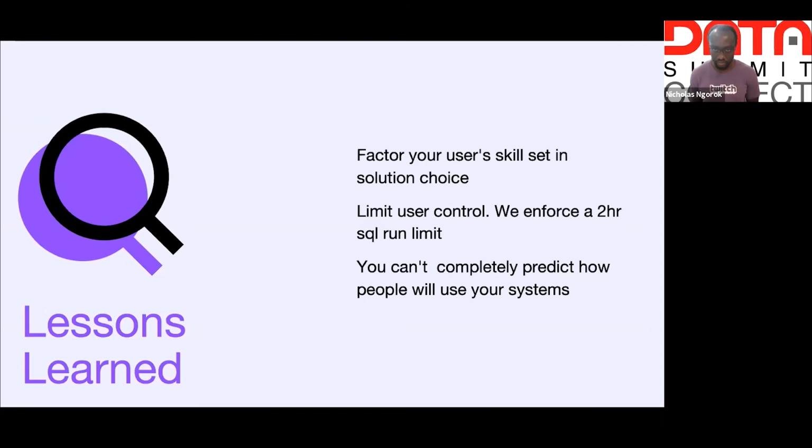Something we've also learned the hard way as we've seen increased use of Sheik at the company is that we need to limit user control because it's a shared space, and a bad actor can affect everyone else.